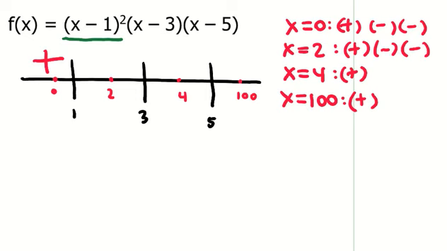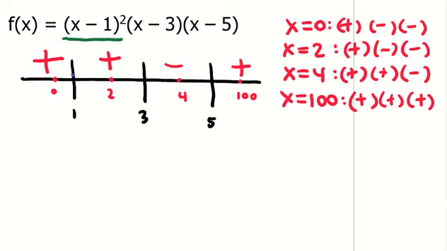Going from 0 to 2, x minus 1 is the object that would change signs. But since we squared it, it didn't. So I'm still positive. Okay, at x equals 4, I've got positive, negative, positive. It's 4 minus 3 is 1, and that 1 is a positive number. And then 4 minus 5 is negative 1. So that's 1 negative, that's that number. And at x equals 100, everything's going to be positive.